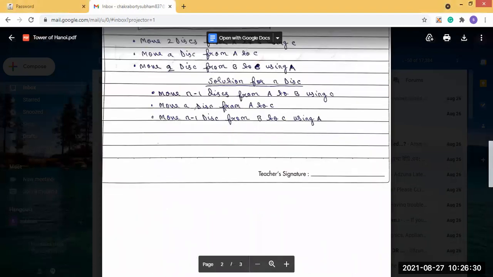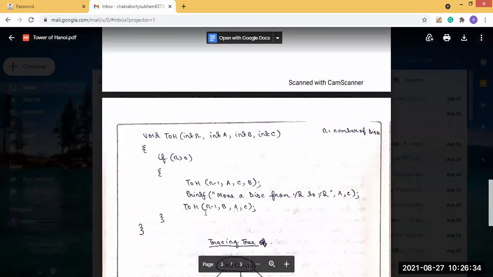This is written purely in the English language, and this is the way we write the algorithm.